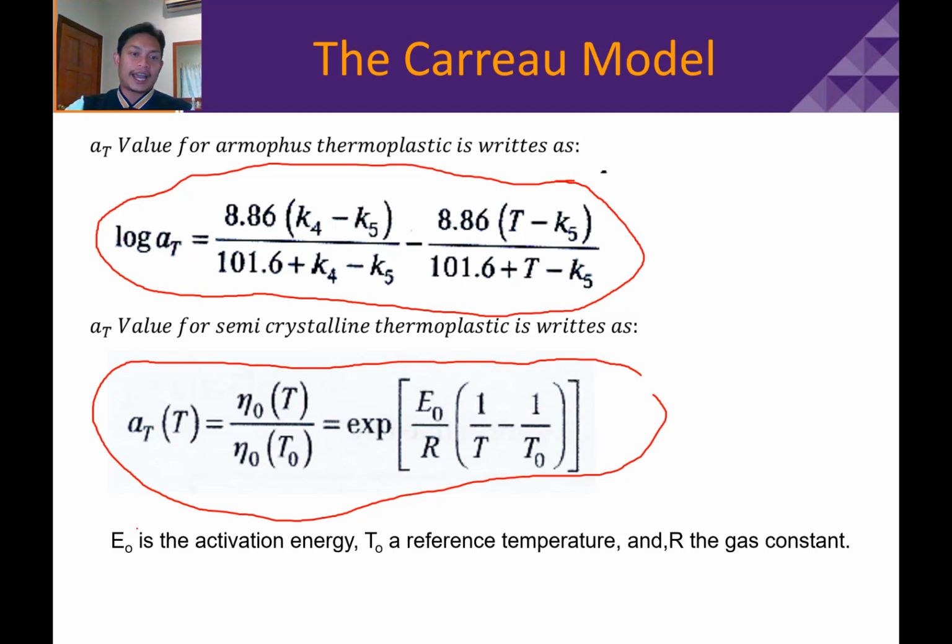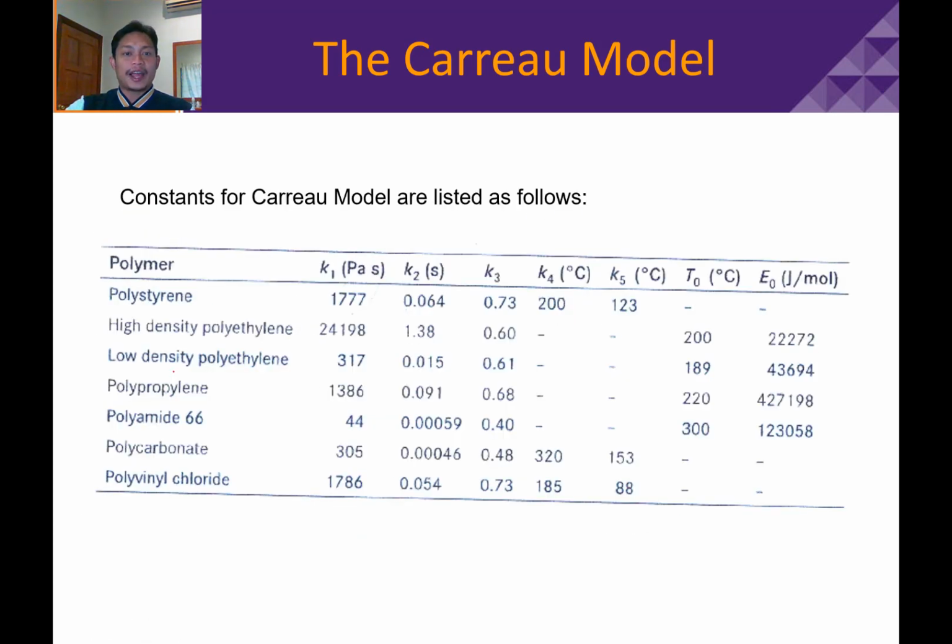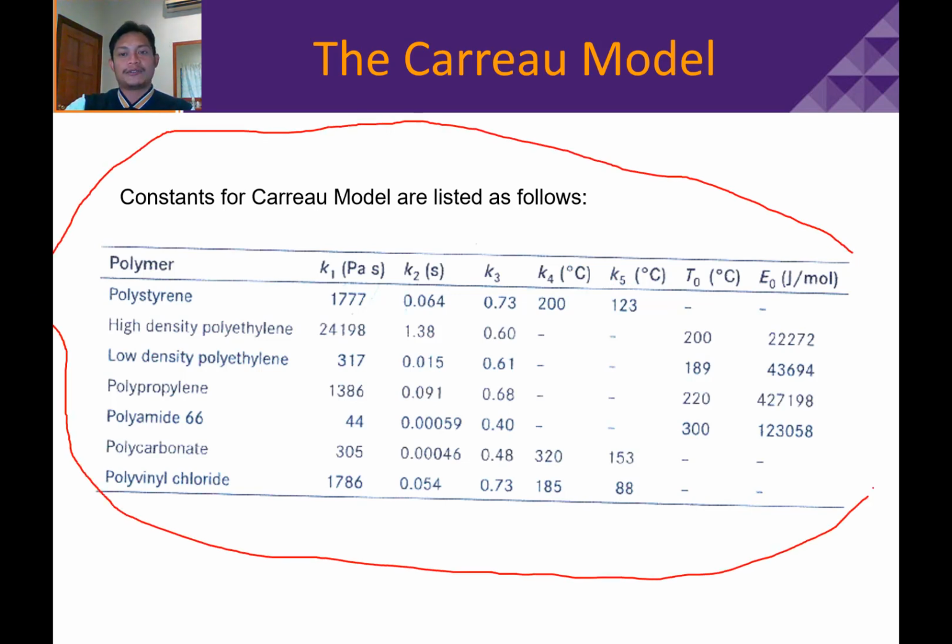E naught is the activation energy, T naught is a reference temperature, and R is the gas constant. These are the values of K1, K2, K3, K4, K5, T naught, and E naught. If this comes out in the final exam, I will give the values for them.